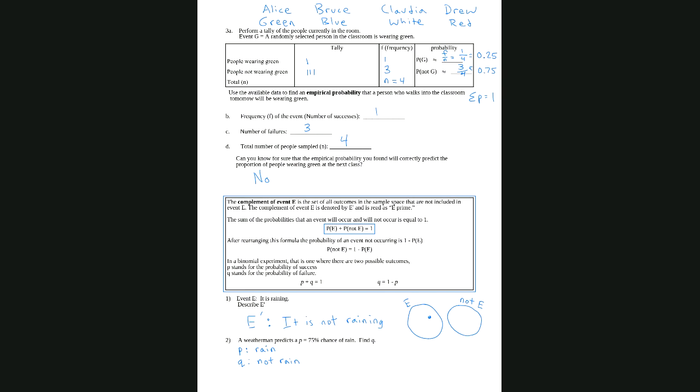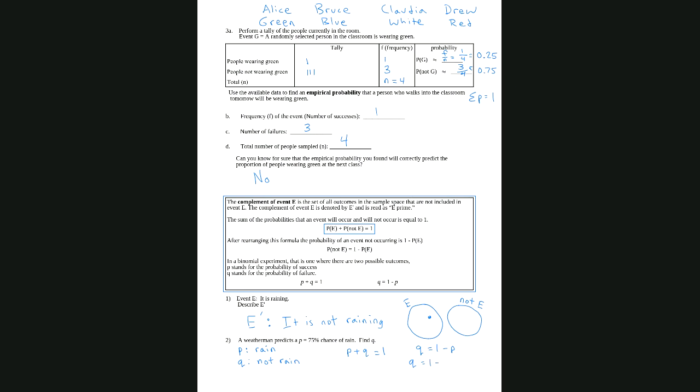Okay, so we have the formula that P plus Q equals 1. But since we're actually trying to solve for the variable Q here, that probability, let's rearrange the formula to Q equals 1 minus P. Now we could keep the P in percent form or change it to decimal form.